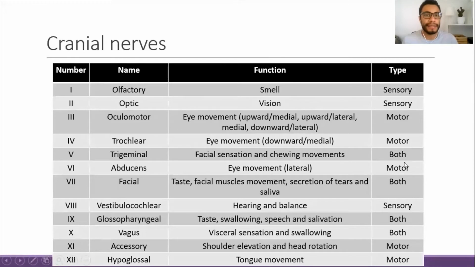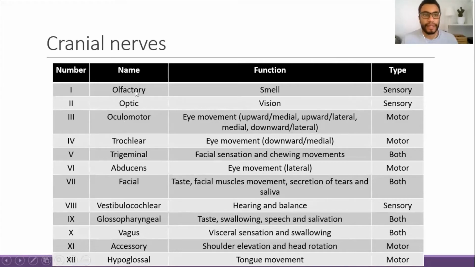Both is the same as mixed type, meaning that they can be both sensory and motor. Is it important to learn all these nerves, function, and type? Yes, this is important.